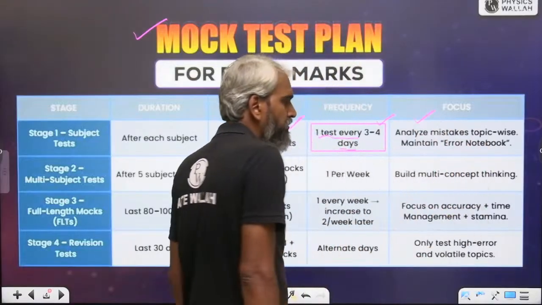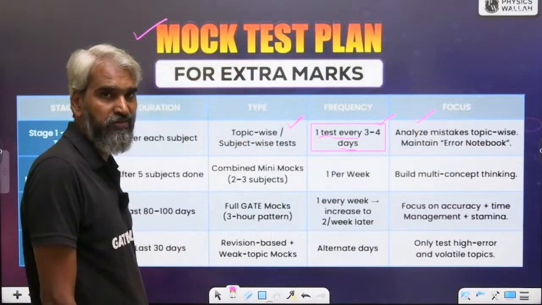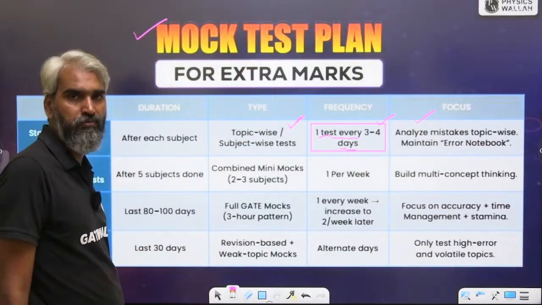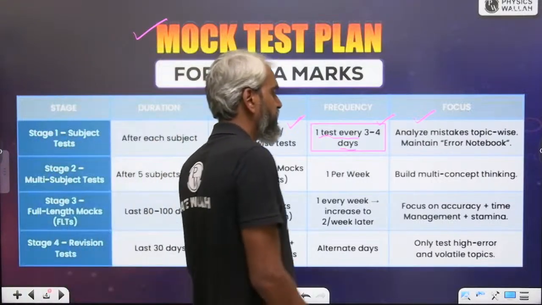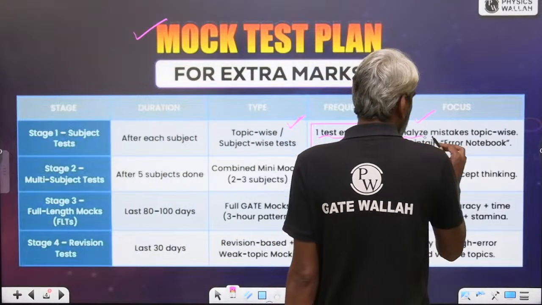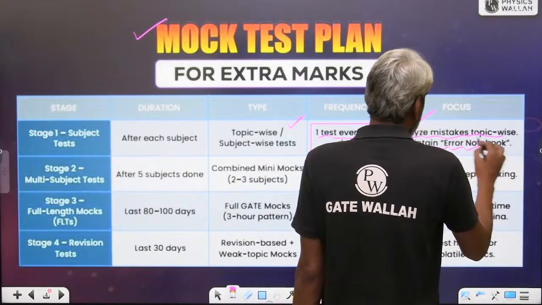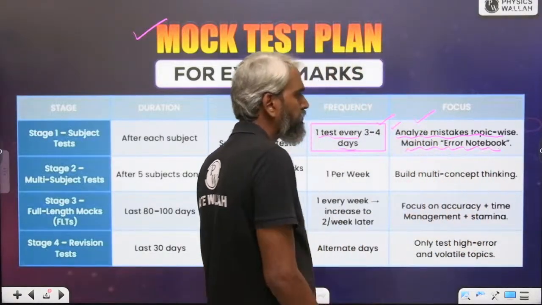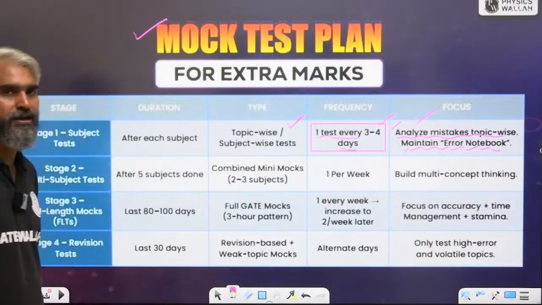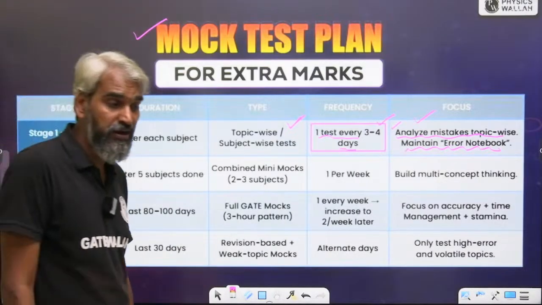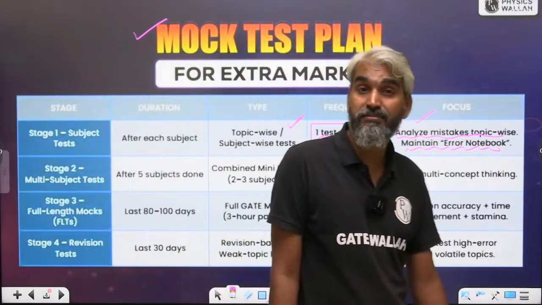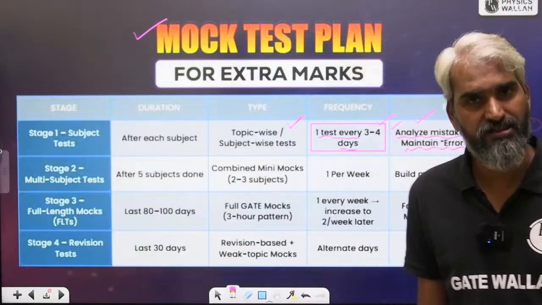Analyze the mistakes topic-wise. If we are talking about topic-wise tests, then analyze the mistakes topic-wise. Maintain an error notebook, where exactly you went wrong. At the same time, analyze where exactly you committed silly mistakes. That's also a mistake.